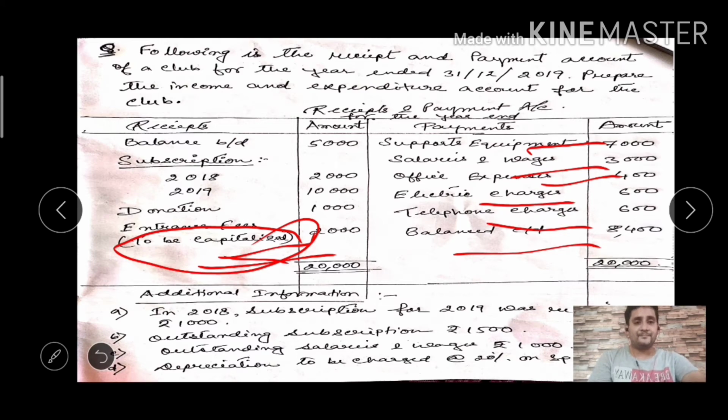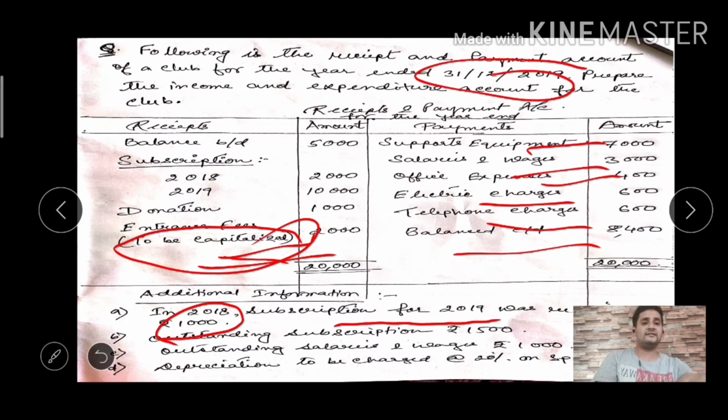Now, next, some additional information is given. In 2018, subscription for 2019 was received, rupees 1,000. Subscription for 2019 means current year subscription.